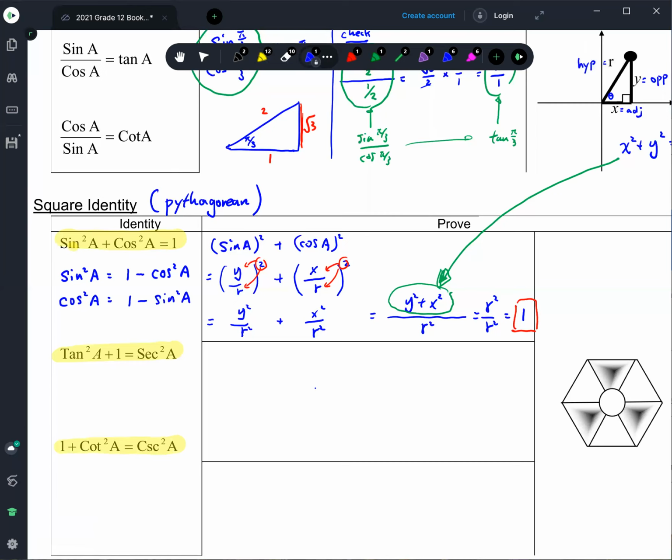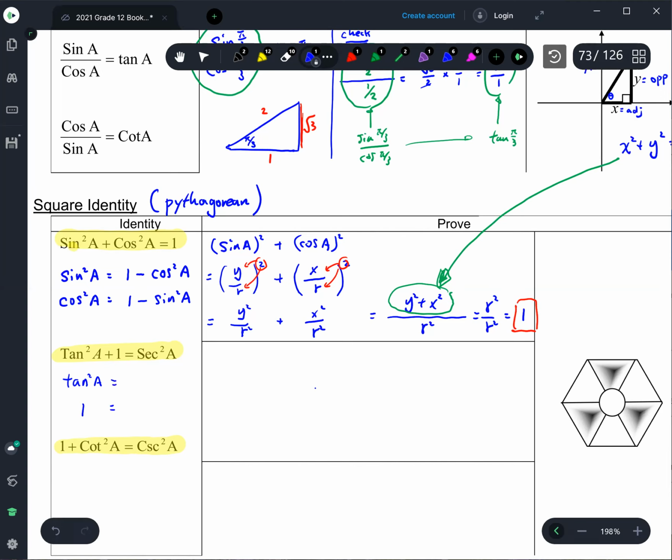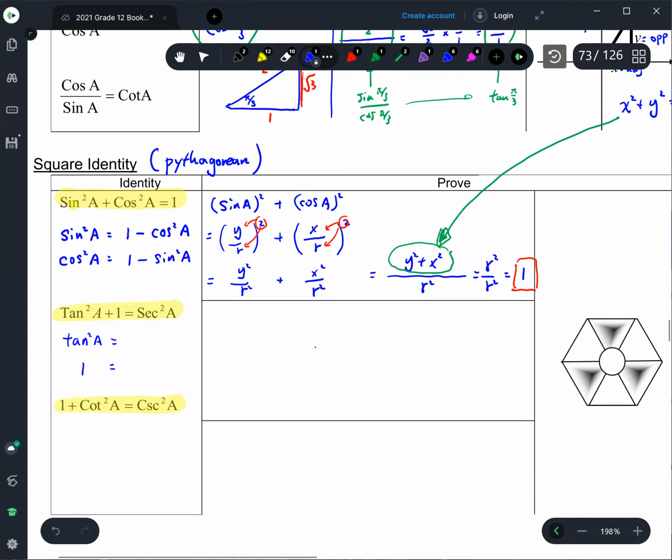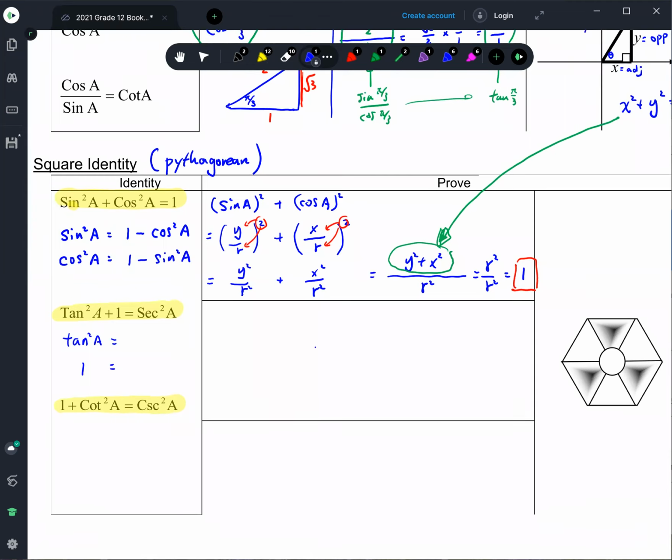For example, the next one, I would like you to find out what's tangent squared, because now you have the secant squared. So find out what tangent squared looks like, and what the 1 looks like. Same thing with the cotangent ones.